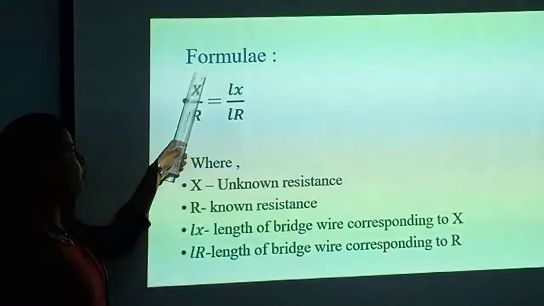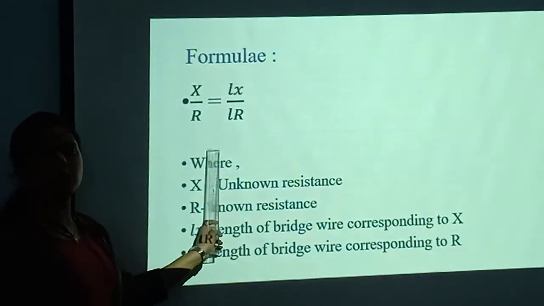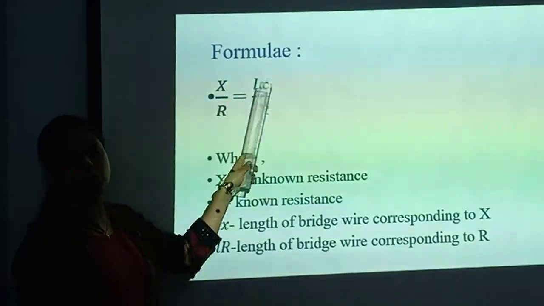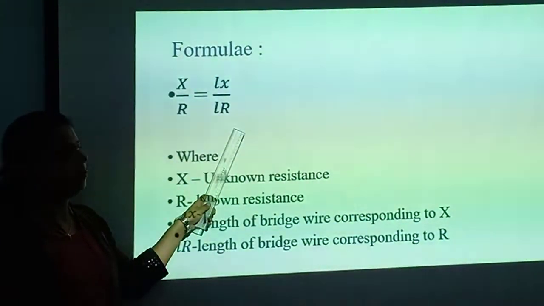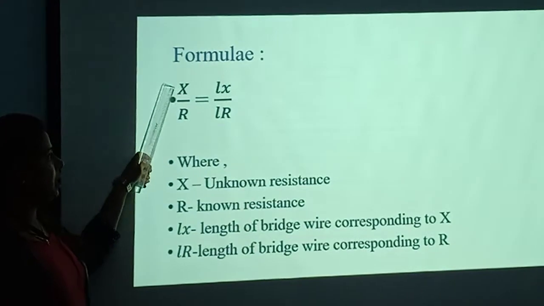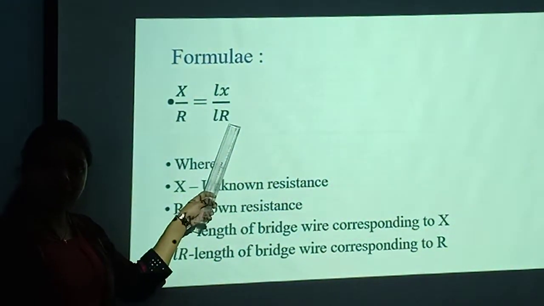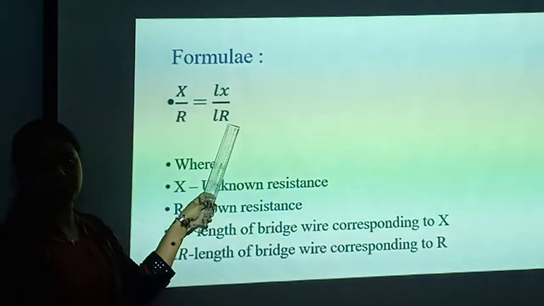This is the formula we use to calculate the unknown resistance: X by R is equal to Lx by Lr. X is unknown, R will be known, and Lx and Lr we will calculate with the help of this experiment.